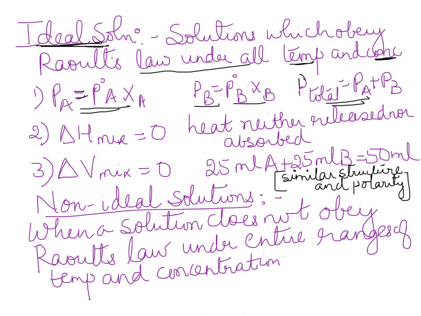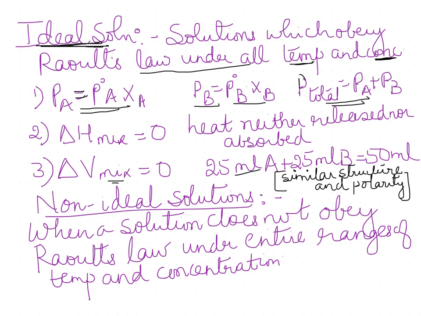Is it clear? Now, delta H mixing is equal to 0. That means heat is neither released nor absorbed during the formation of an ideal solution from its components. And also delta V mixing is equal to 0. That means there is no increase or decrease in volume during the formation of an ideal solution.